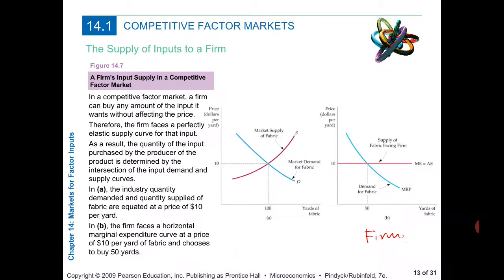So firm buying fabric, they become the demand, and the supply is elastic because fabric is cheap, in a PC market. Therefore, the supply for fabric is the PC. This is the PC market. So the supply is constant and horizontal. Okay, so equilibrium will happen where supply equals demand.